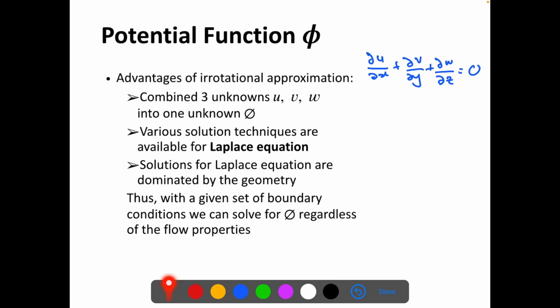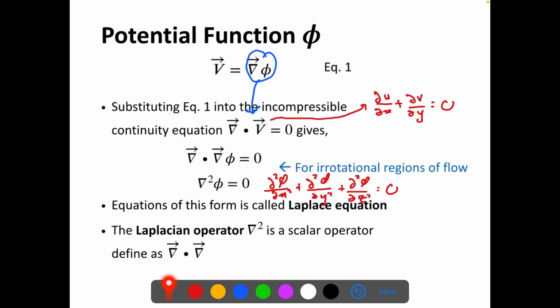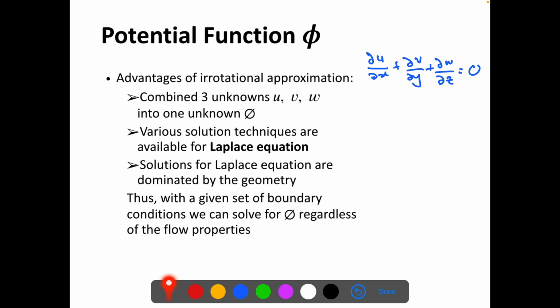But for the potential function, you only have one equation: del squared phi over del x squared plus del squared phi over del y squared plus del squared phi over del z squared equals 0. So instead of three, you only have one unknown.